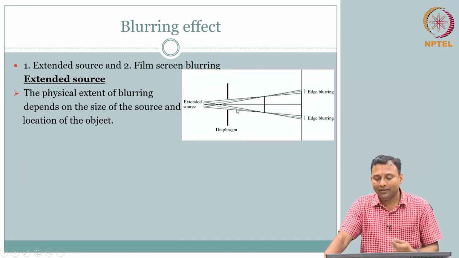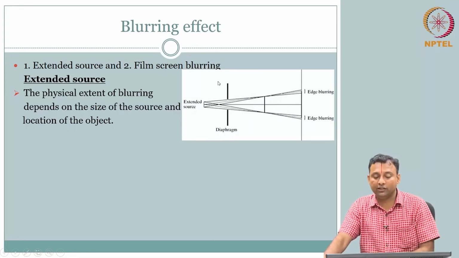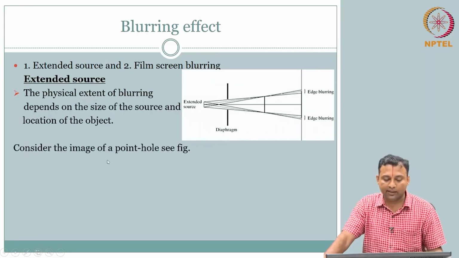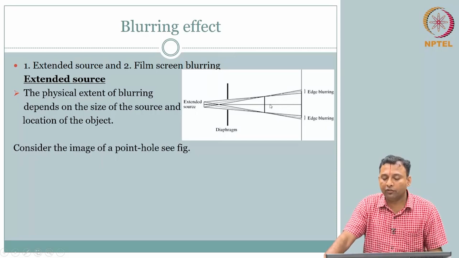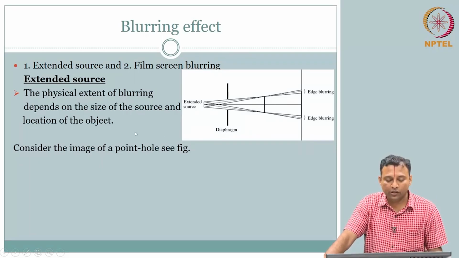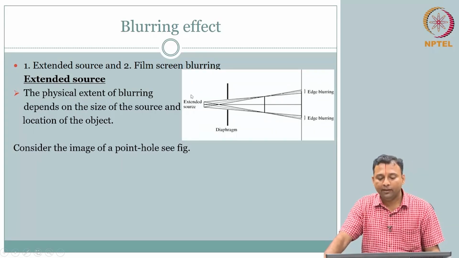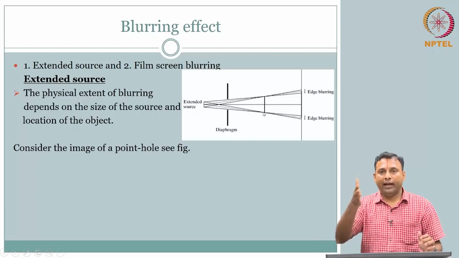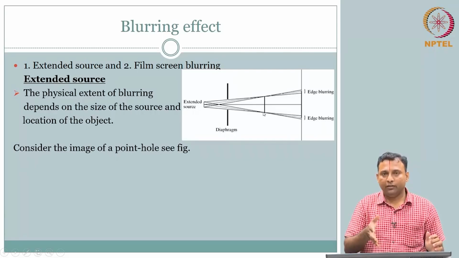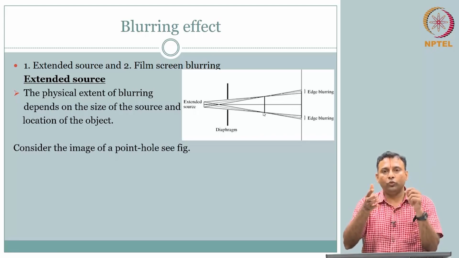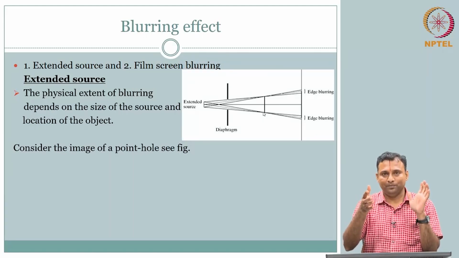So this is a problem. How do we account for this? We will write this first. Consider the image. Instead of doing an edge, let us characterize this. Let us have a point hole, meaning I have an object which is a point, a hole through which you can see through.